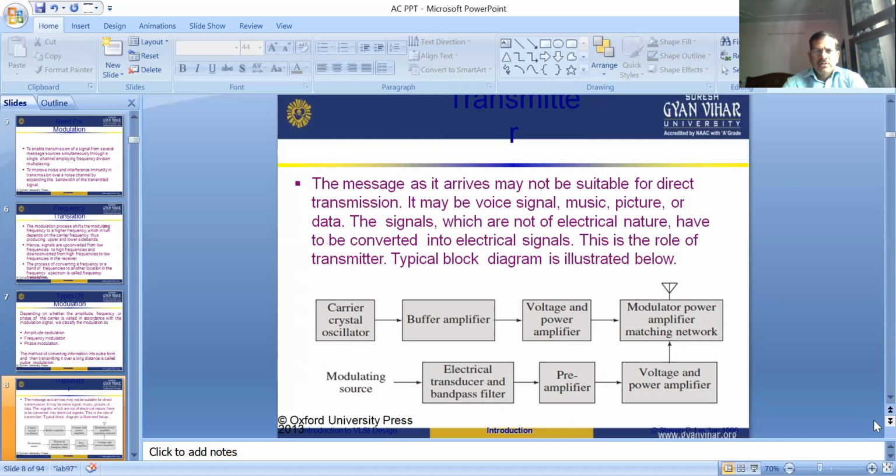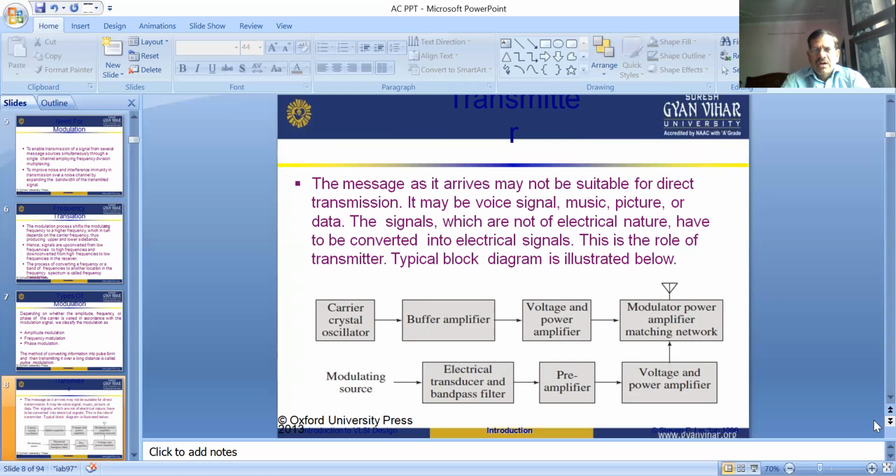The signals which are not of electrical nature have to be converted into electrical signals. For example, a data signal is not in the form of an electrical signal. So first of all, we convert the data signal into an electrical signal. This is the conversion process. We can do this with the help of a transducer and other devices.